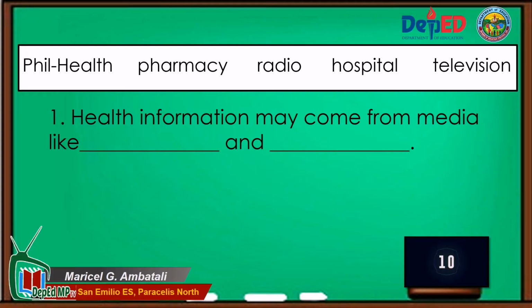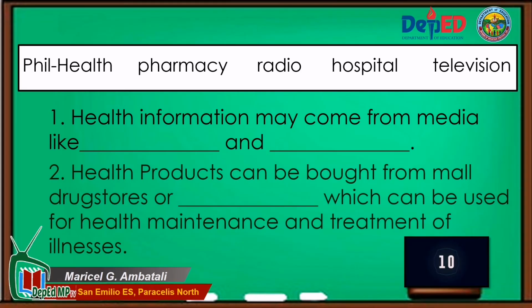Number 1. Health information may come from media like blank and blank. Number 2. Health products can be bought from mall, drugstores, or blank, which can be used for health maintenance and treatment of illnesses.